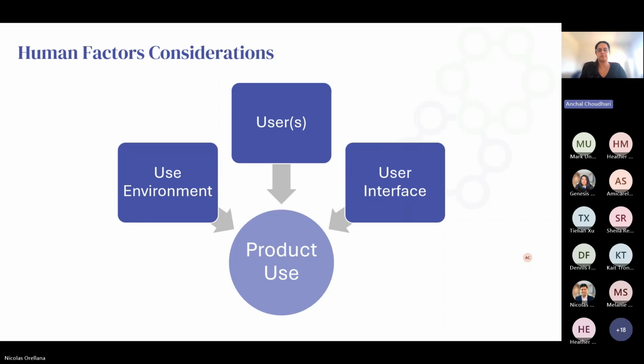So it's important to remember that the user will be interacting with not just the product itself, but also the packaging and the labeling. And all these things impact product use, the use environment, users, user interface, all determine whether the product use ends up being safe and effective or there's a use error.